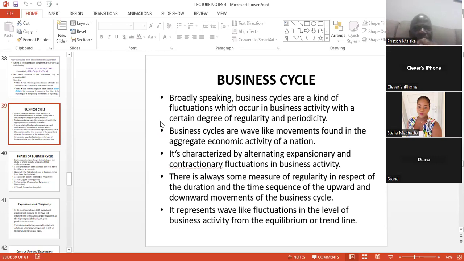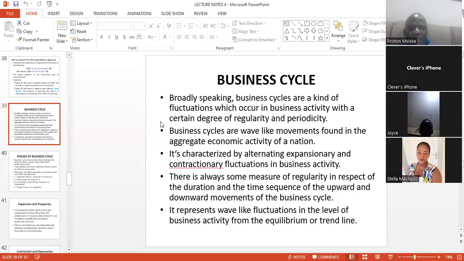The other part of looking at this is that business cycles go together with economic cycles. So you have a situation where businesses are thriving, most businesses over a span of maybe 2, 3, 4, 5 years, and then you reach a stage where businesses are going down, are facing difficulties.